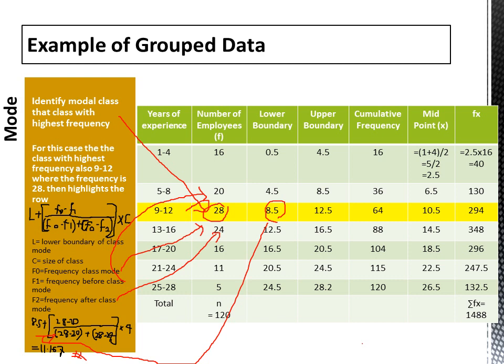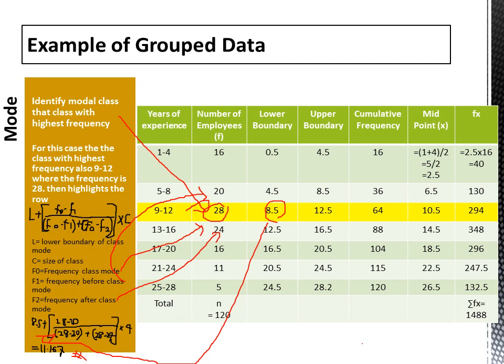For the last one, mode calculation for grouped data. For the mode, first you need to identify the mode class, the same as for the median where you identify the median place. How to identify the mode class? It's very easy: you just look at the frequencies.